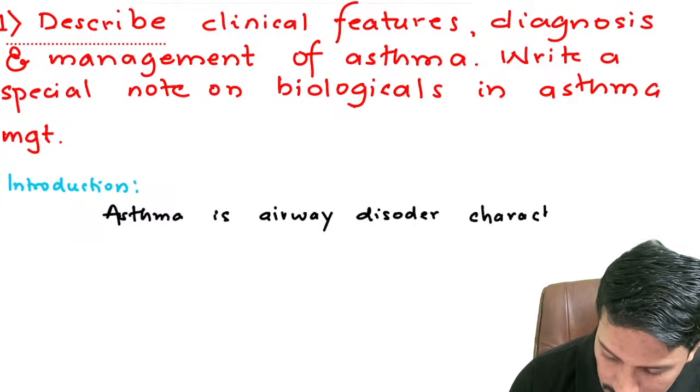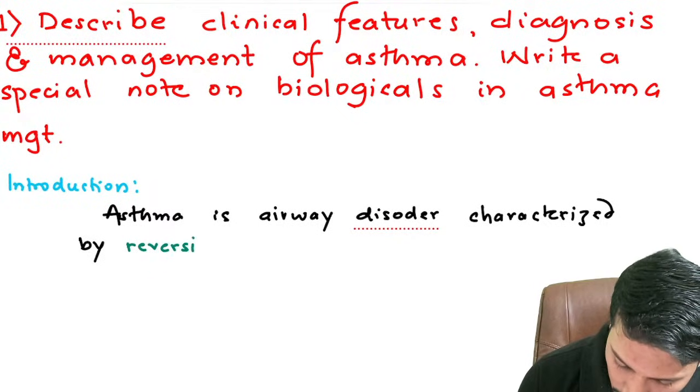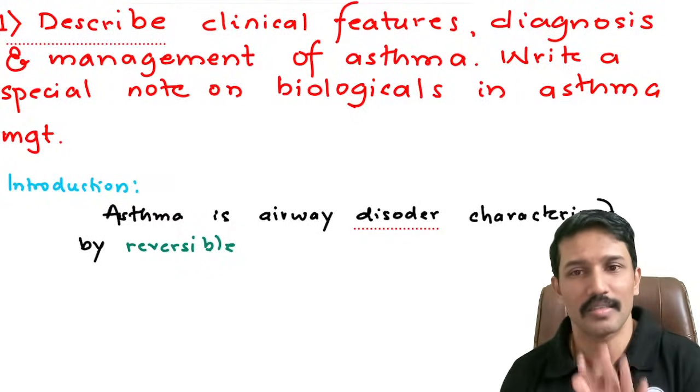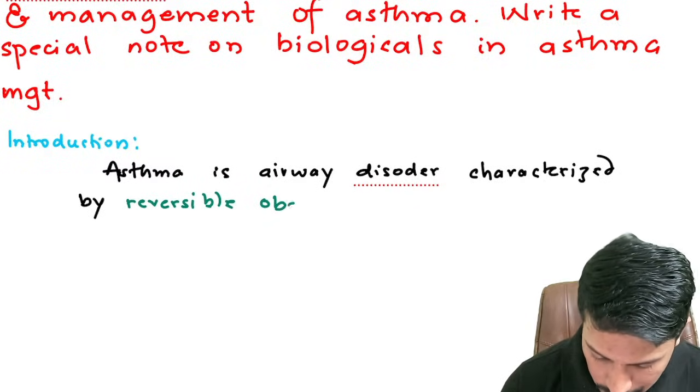The word that the examiner is looking for in this question is that it is characterized by reversible obstruction. Reversible is the key word. The moment the examiner sees this, he understands that you know a little bit about asthma.